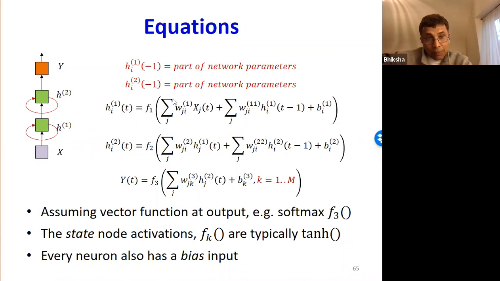Now, for the second hidden state, you compute an affine function of the output of the first hidden state at the same time. So at time t, for the second hidden state, you compute an affine function of the first hidden state at time t and the second hidden state at time t minus 1. So this is the recurrence.